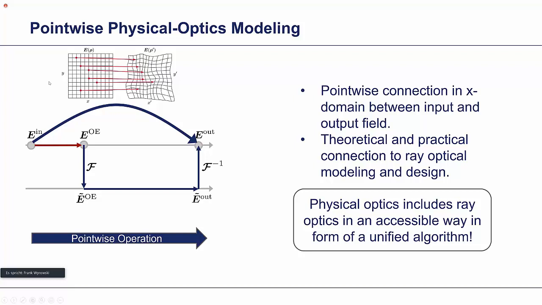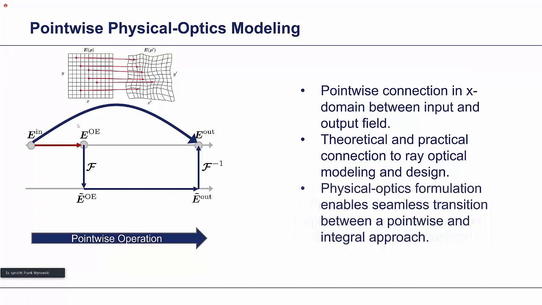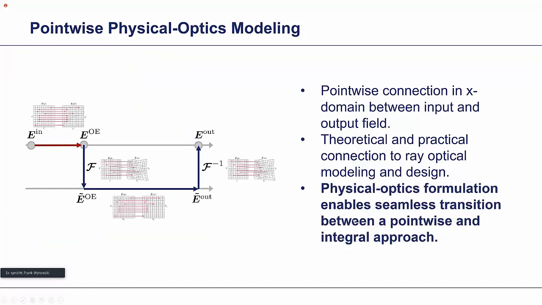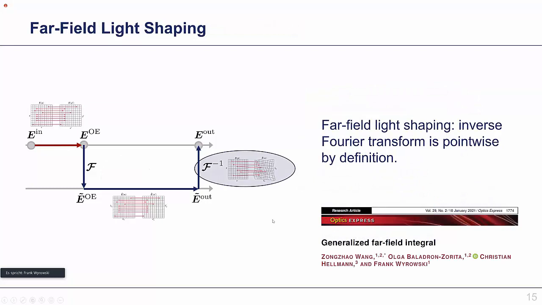And so I don't go into the X domain, but we stay because the physical optics formulation enables a seamless transition between the pointwise and an integral approach. So I stay in this formulation. And now for the rest of my talk, I like to concentrate on the far field light shaping.